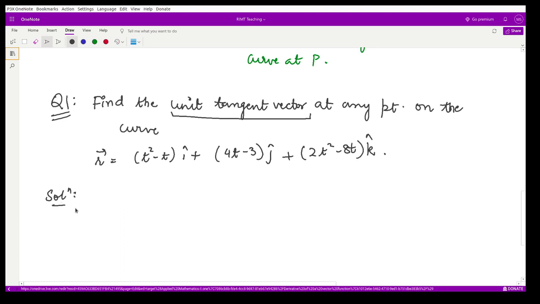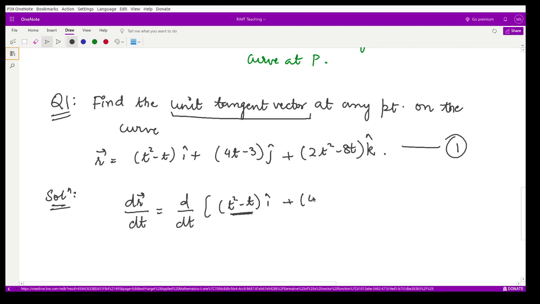So for this solution, we know how to obtain the tangent vector. You have to differentiate the given curve. Say this is your equation number 1, the curve defined by this position vector r. We will find the derivative of this position vector. You simply perform the derivatives of the components of the unit vectors i, j and k.